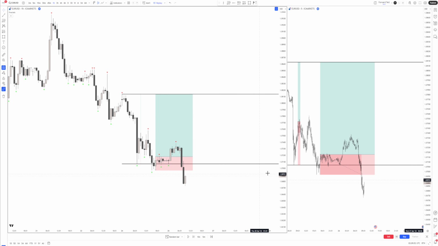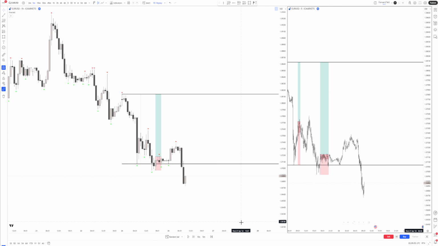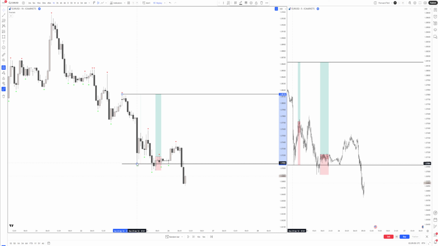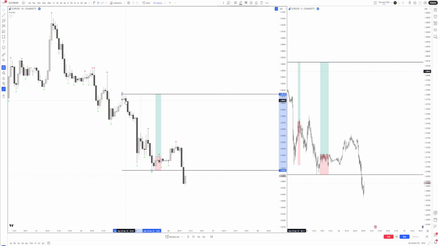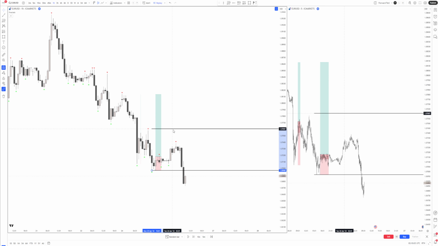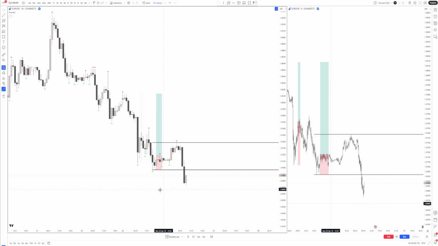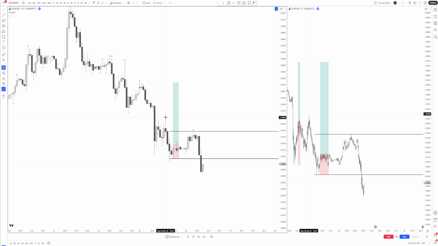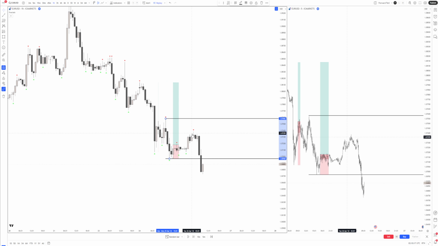So what do we do now? We leave that as it is, and we will move this to here, because you can see that this was the last structural high to low, and then the next structural high to low was from there to there, but you can't really count that because this is internal, isn't it?